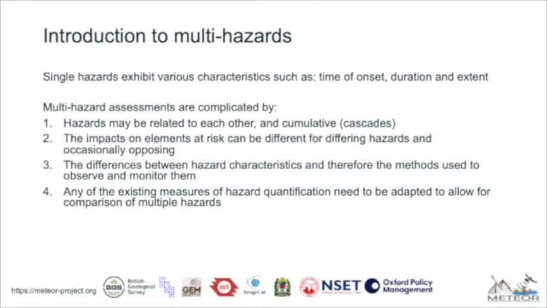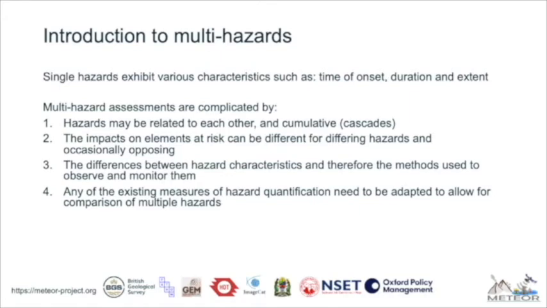Because of this, multi-hazard assessments have to be able to address hazards that may be related to each other, potentially generating hazard cascades, hazards that have different impacts on buildings or infrastructure, and hazards that have different characteristics and therefore different methods of observation and monitoring. It is important, therefore, that any of the existing methods of hazard quantification need to be adapted to allow for the comparison of multiple hazards.